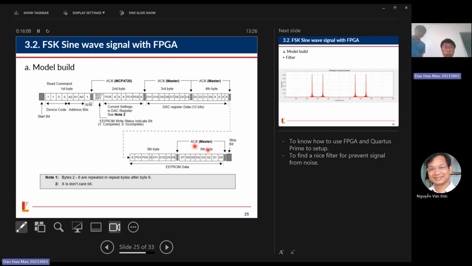We will repeatedly transmit it. We don't go too deep into that, but the third byte and fourth byte will define what the sine wave is.